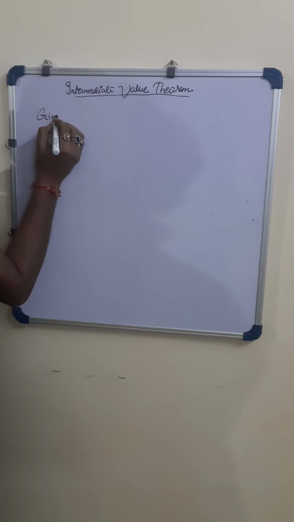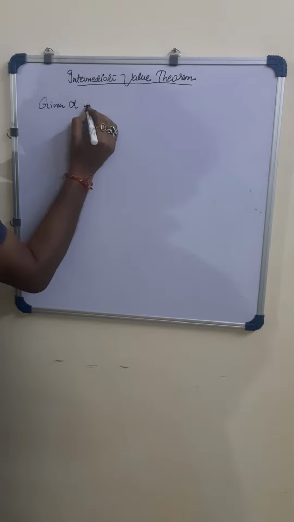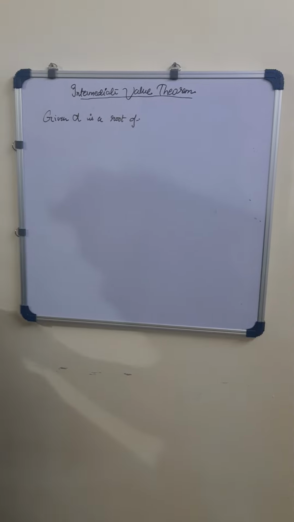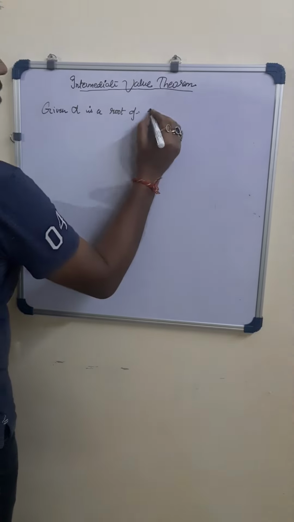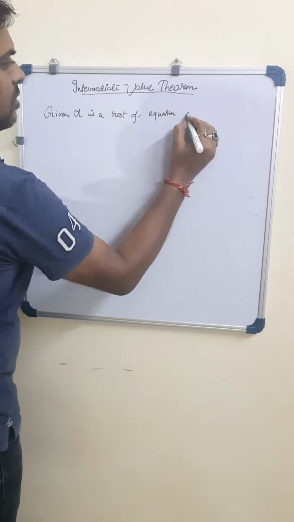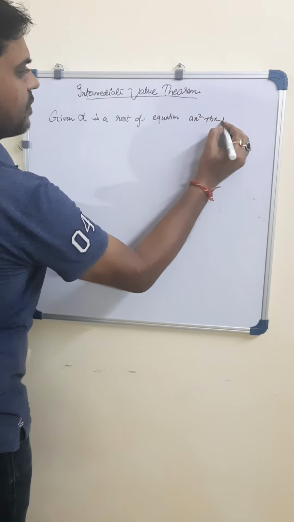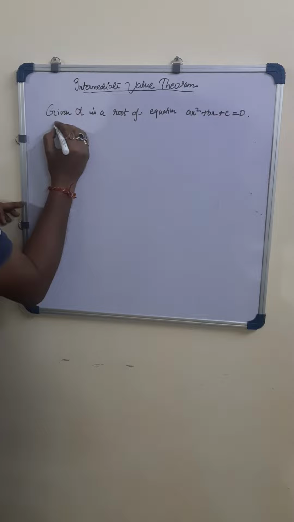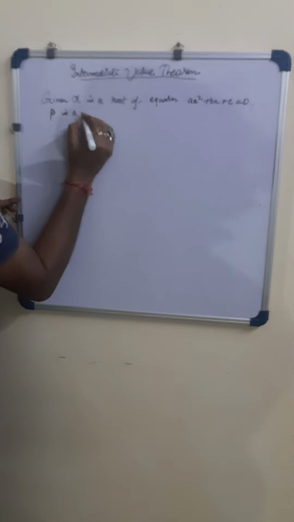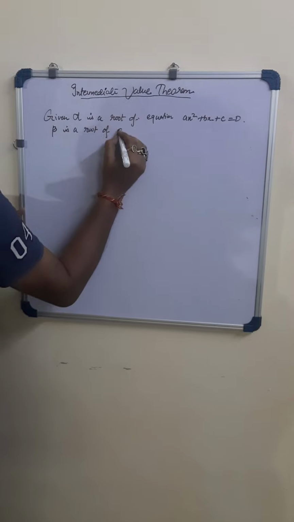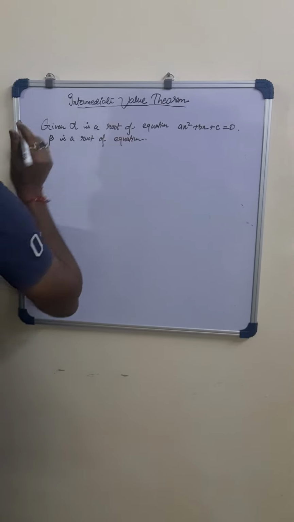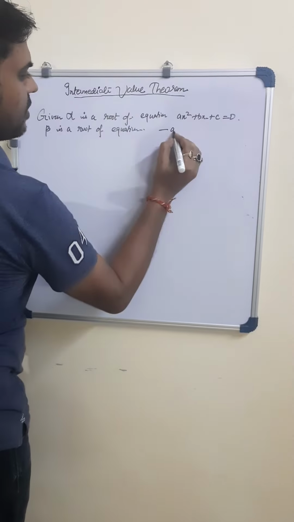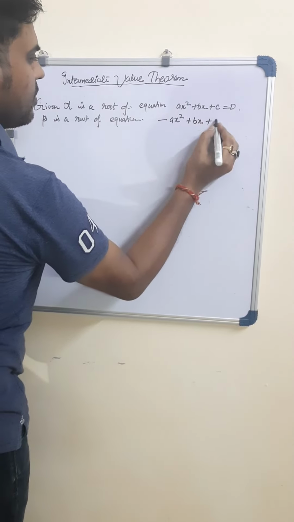Given alpha is the root of the equation a x square plus b x plus c equal to 0, and beta is a root of the equation minus a x square plus b x plus c equal to 0.